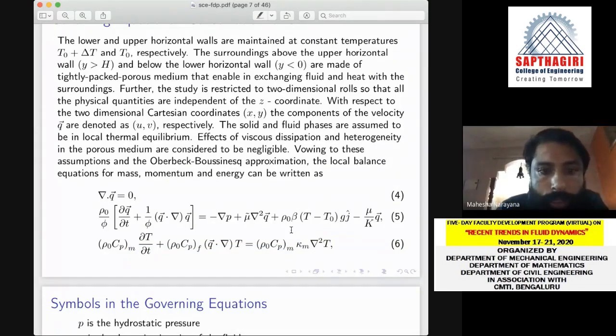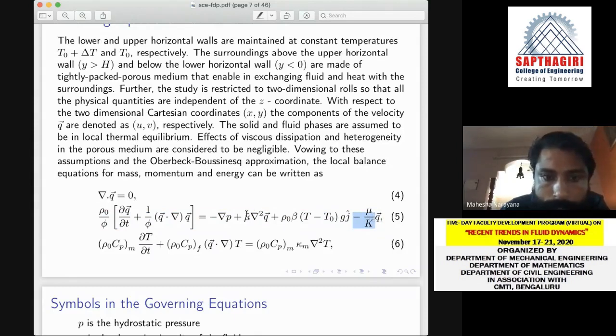Now, the third term on the right-hand side comes from the buoyancy force, and the last term in equation 5 arises due to the Darcy drag.